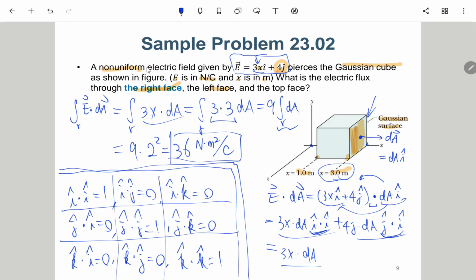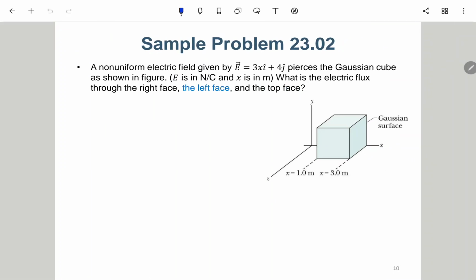Even though the E field is not uniform over the whole space, when we consider the right face, x is a constant across this right face. So we are still integrating a constant, so it turns out to be multiplication. If no problem, then we move to another one.